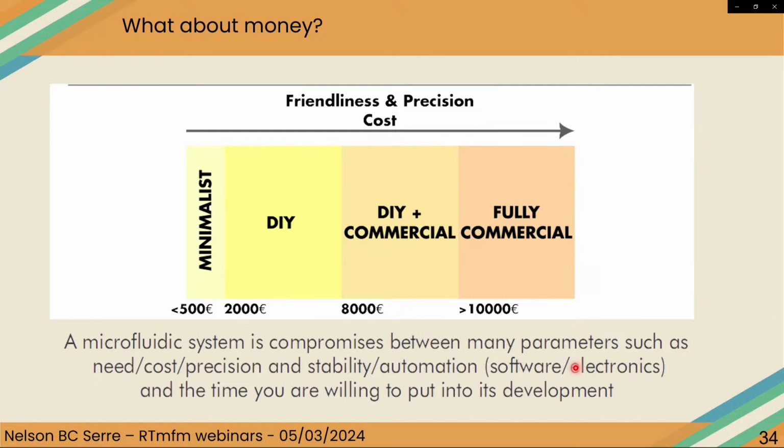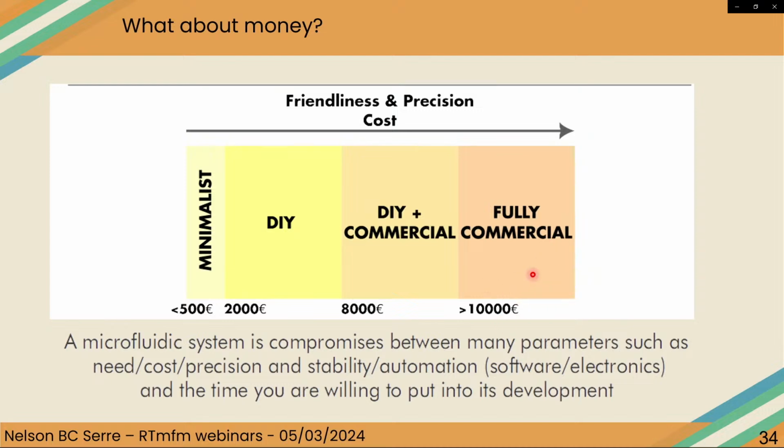And so to talk a little bit about money, you could have a very minimalist system, like syringes that don't cost anything. PDMS on its own doesn't cost anything. You could have a system and cheap production for way less than 500 euros. But then if you want something fully commercial with all the devices associated, it can be more than 10,000.